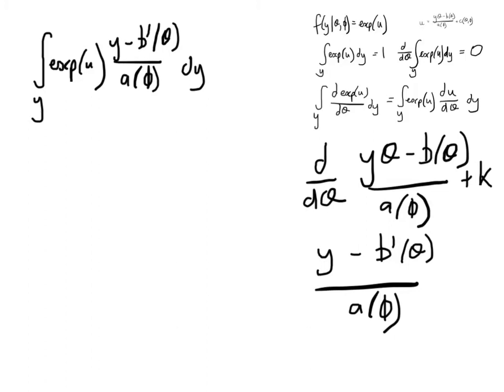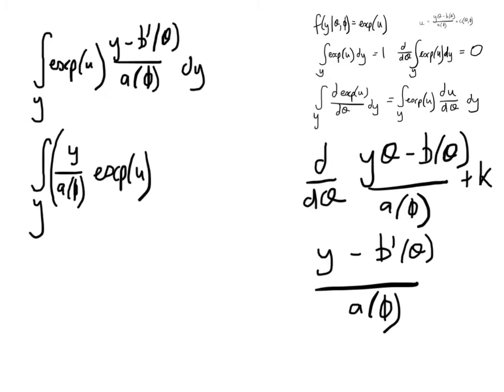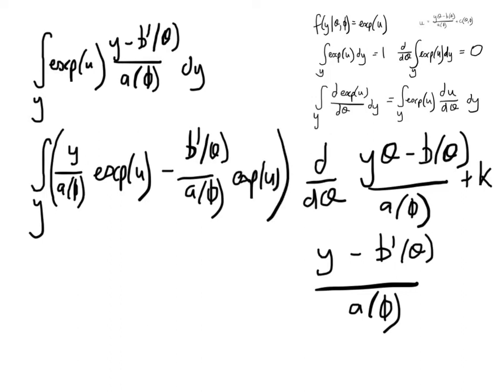Now the first thing I'm going to do here is to work round and multiply out this exp u. So I'm looking at the integral of y over a of phi multiplied by exp u, minus b prime of theta over a of phi multiplied by exp of u, integrating with respect to dy.